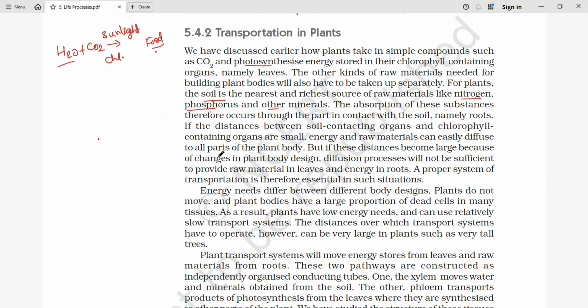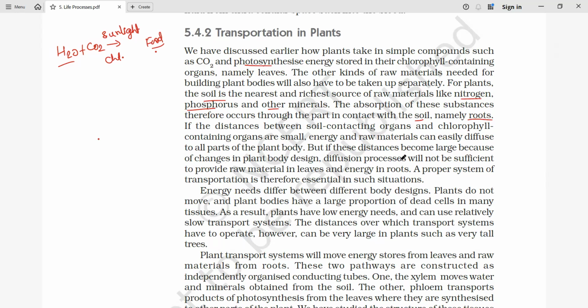So plants are connected to the soil, and through the soil they get raw materials, nitrogen, phosphorus, as well as water. We are going to see how plants absorb these things through contact with the soil. How do plants make contact with the soil? That is with the help of roots.